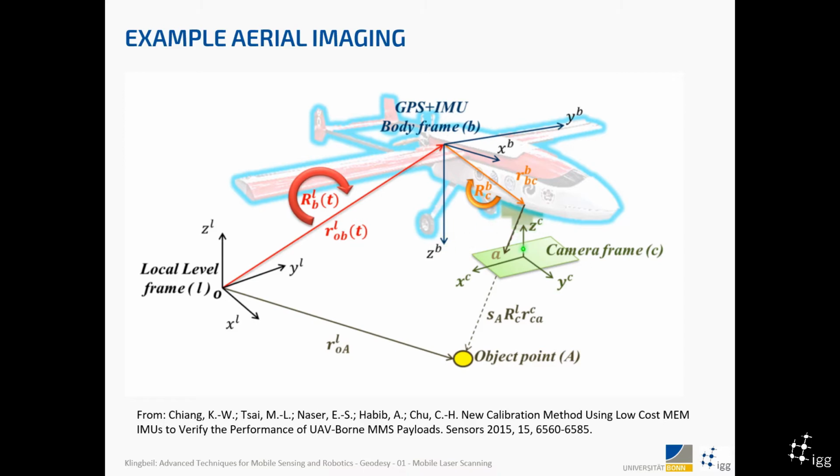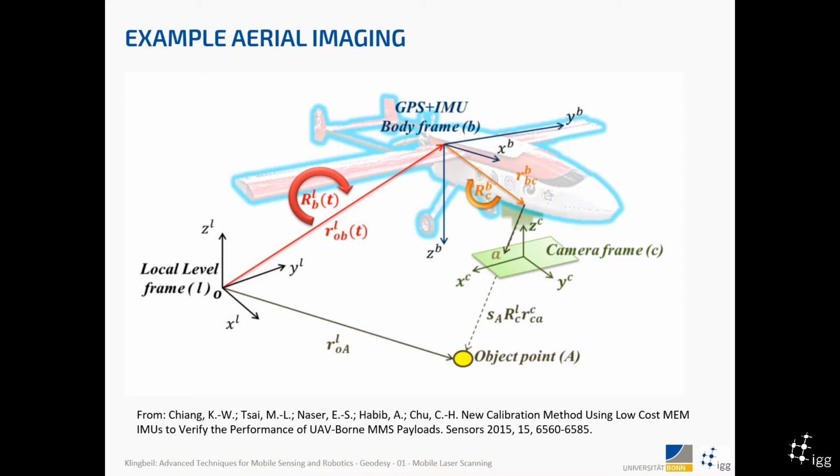And the transformation between the sensor frame and the body frame is again given by the boresight angles, which form this rotation matrix R_CB. So this is the rotation matrix from the camera to the body frame, and this vector, CB given in B, is the vector between the camera system and the body system, given in coordinates of the body system.